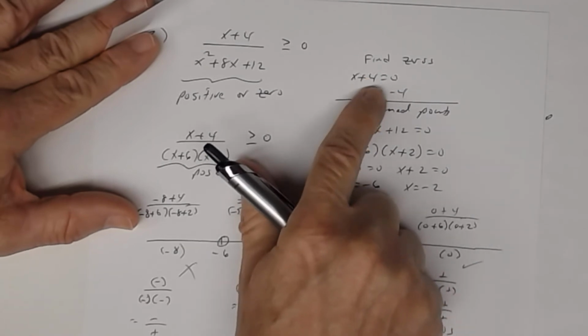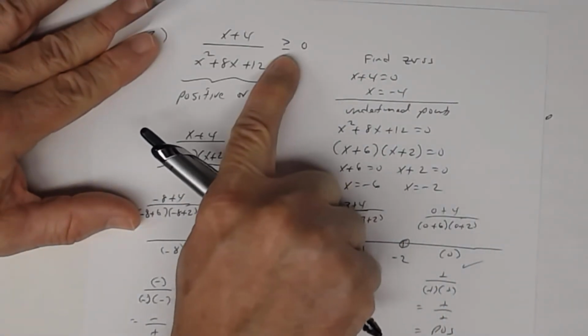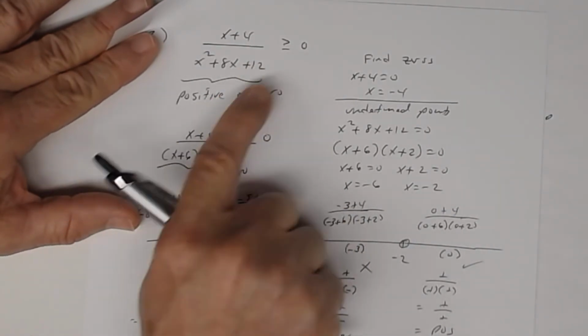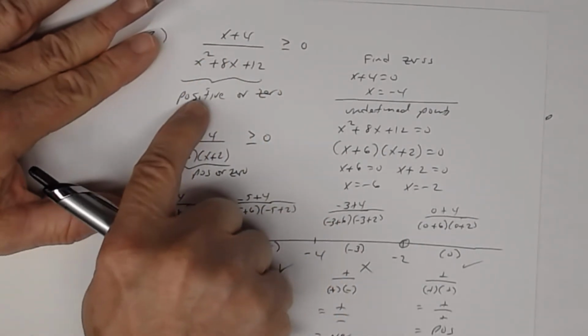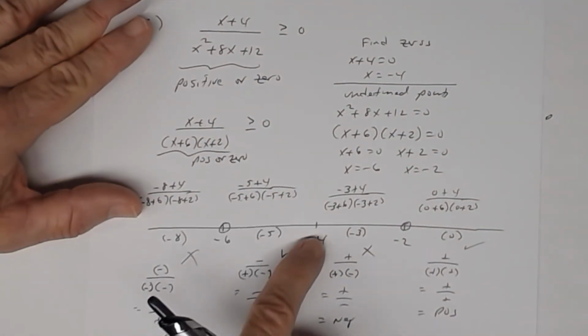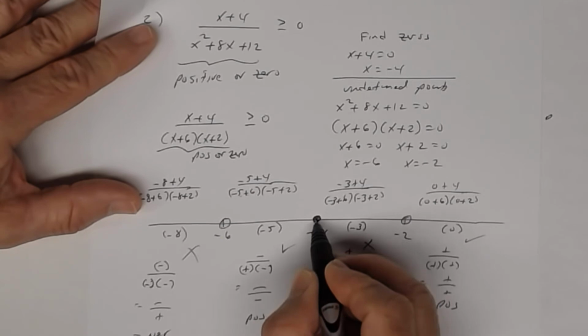A 0 will be either open or closed depending on if you see an equal sign. So I see an equal sign. So remember, equal sign to 0 means I want this expression to be positive, well, greater than 0, or 0 because of the equal sign. So this negative 4 is going to be a solution. So I'll put a closed circle there.